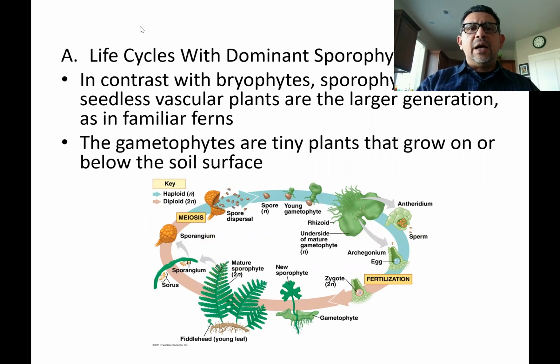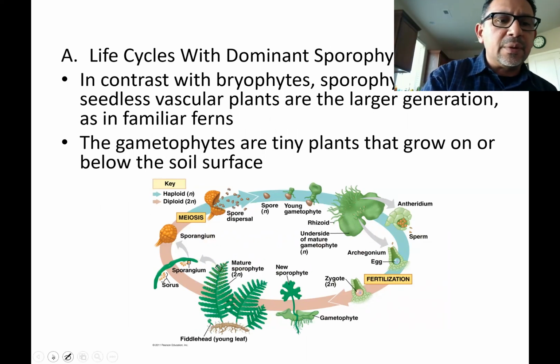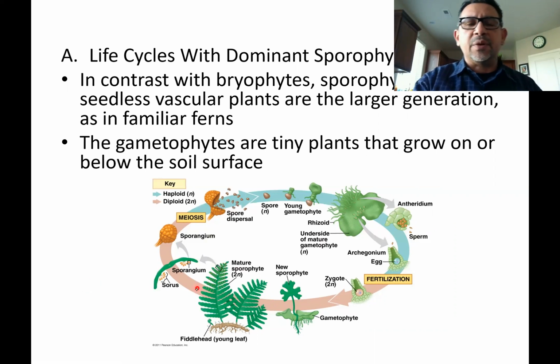So here we are going to find that the plants that we call the sporophytes, like these fern fronds you have over here, they are going to be diploid. By definition, the sporophyte generation is always the diploid one, the one where the cells of those organisms contain two sets of chromosomes in the nucleus.